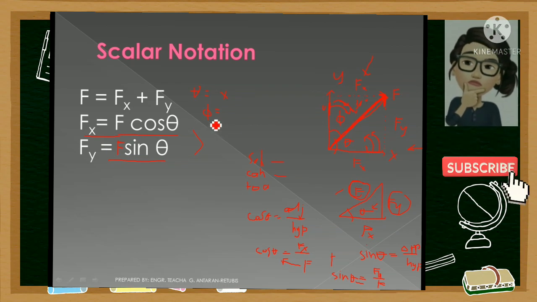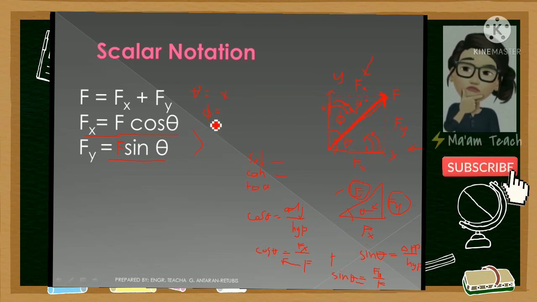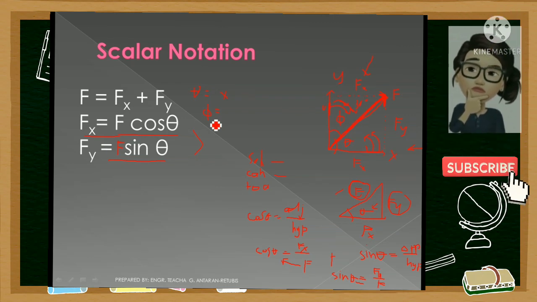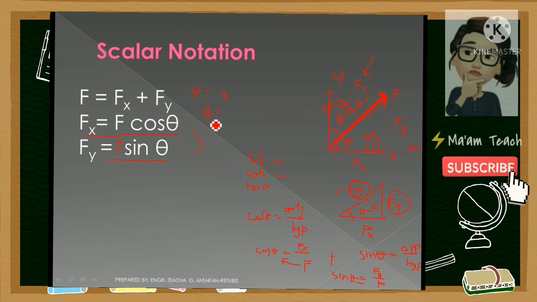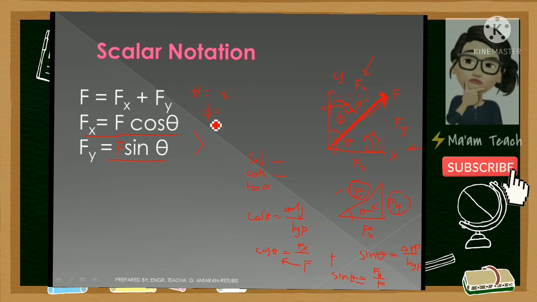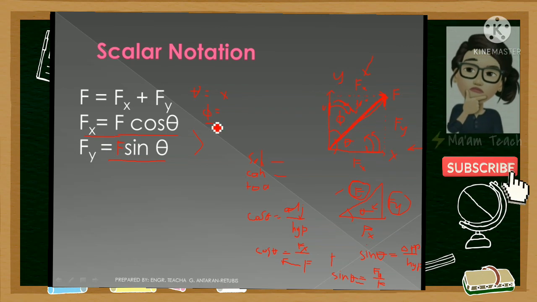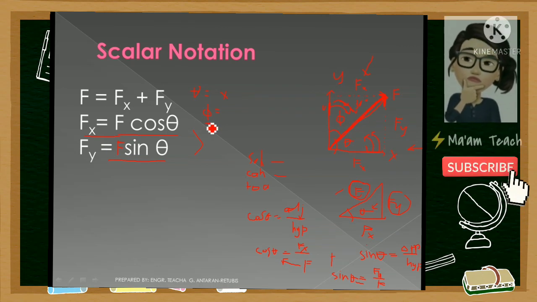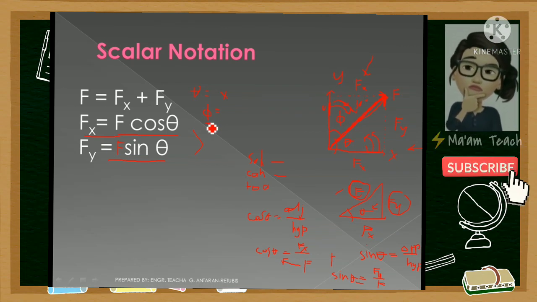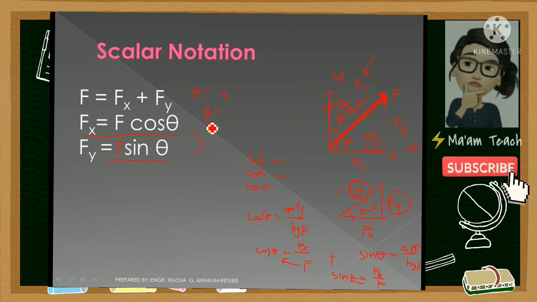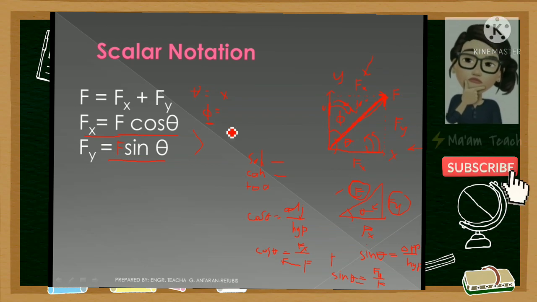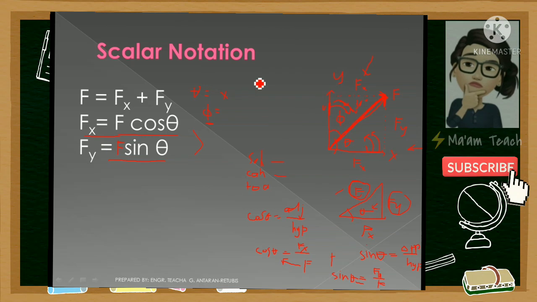Like I said, in this figure, theta here represents the angle that is measured with respect to y-axis. Now, will we have the same formula if, for example, we use the angle phi in solving for f sub x? No, we will not, class. We will have a different formula. Let us analyze.